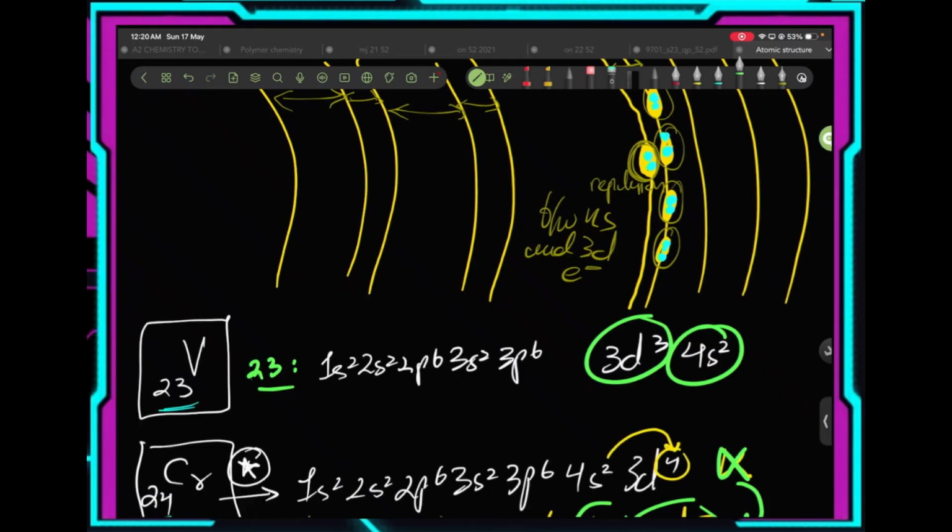Or the other reason is that if by the excitation of one single electron you can end up with a more stable electronic configuration, you only do it at that time, right? And we cannot excite two electrons from 4s and completely make it empty, so we cannot excite both these electrons and make 3d5. You can only excite one single electron, and if by that one single electron you end up with a more stable electronic configuration, then you do it, otherwise you don't.